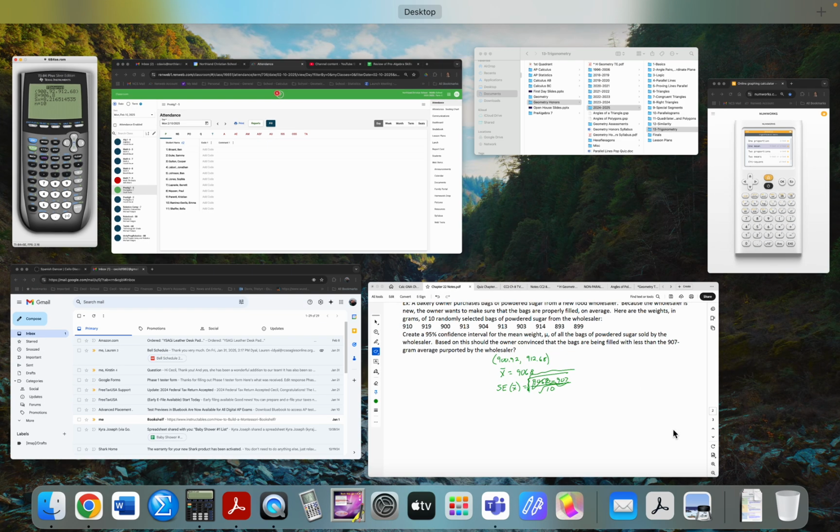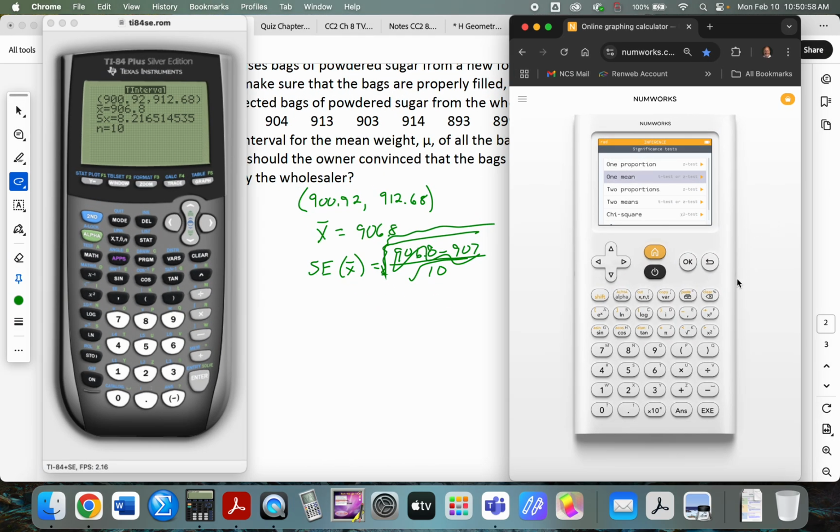On the NumWorks, we're doing a t-test, and I want to do an interval. I need to tell it that first. And it's one mean. We're going to do a t-interval. You can either input the statistics or you can use a data set. So we have to do the same thing we did on the TI.